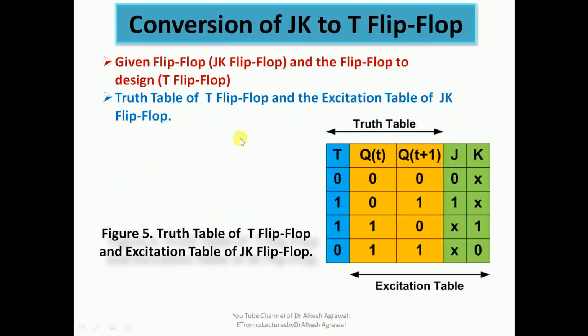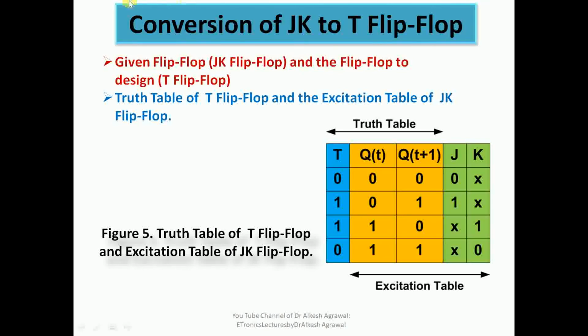The first example is converting a JK flip-flop into a T flip-flop. I have taken these examples because we have studied four kinds of flip-flop, and we have seen that T has been derived from JK.